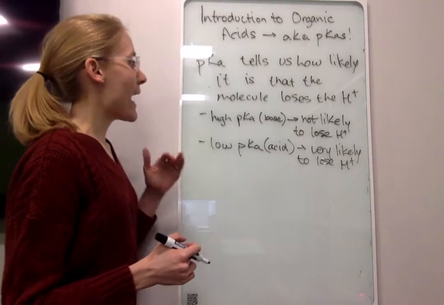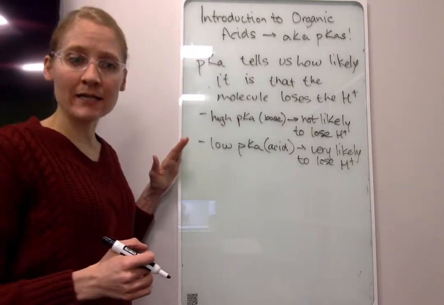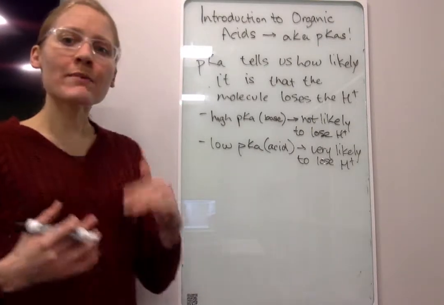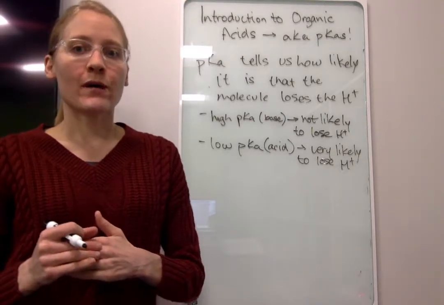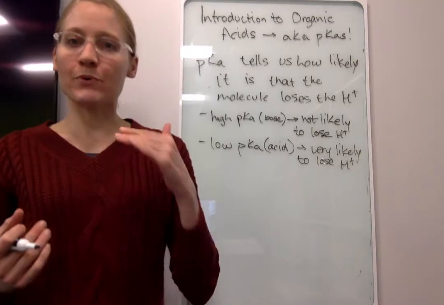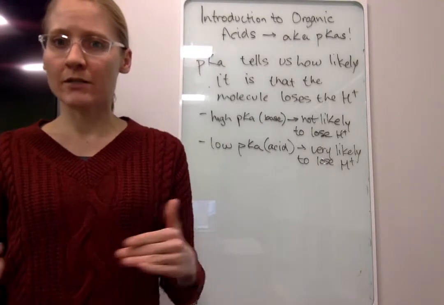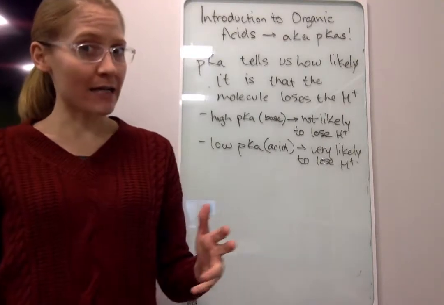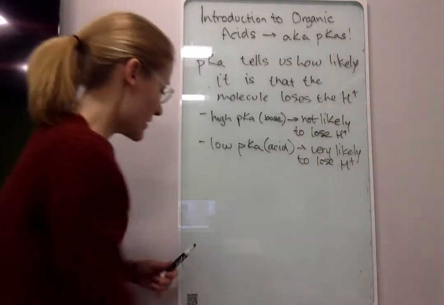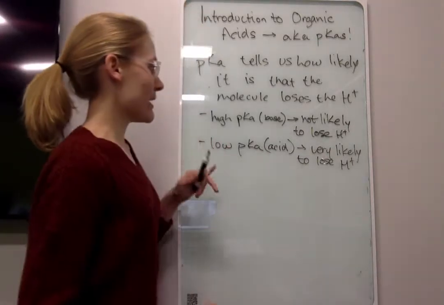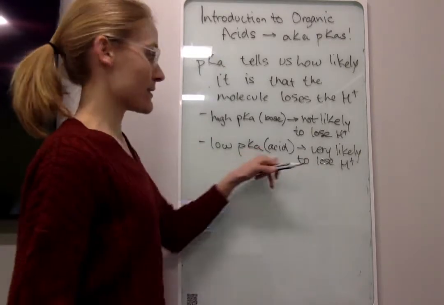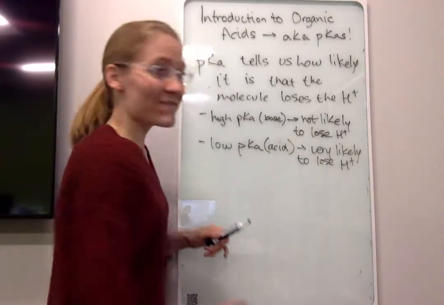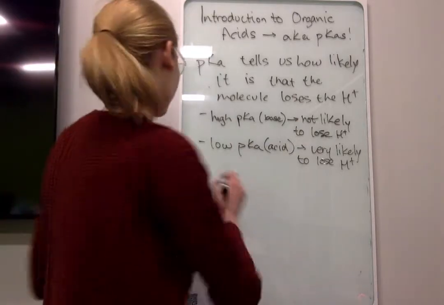And so we can look at factors that influence acidity, and then we're able to predict pKas and predict equilibrium. So if you have a base, which proton is the most likely to be lost? Which site is the most reactive? So, keeping in mind high pKas are basic, low pKas are acidic, we can look at factors that influence acidity.